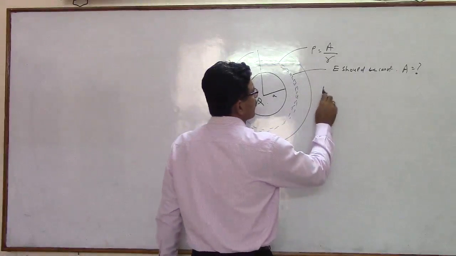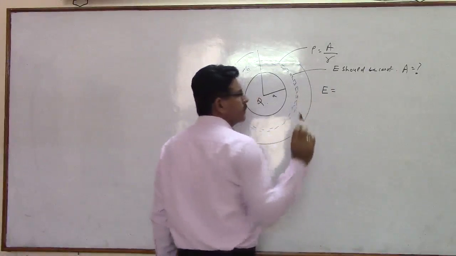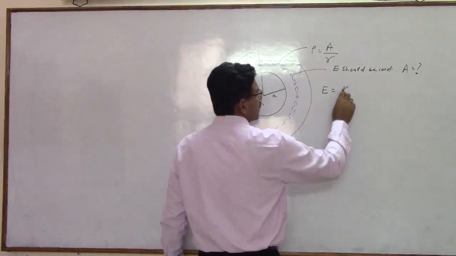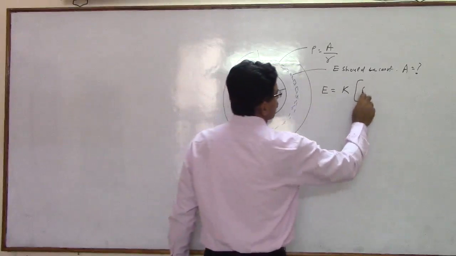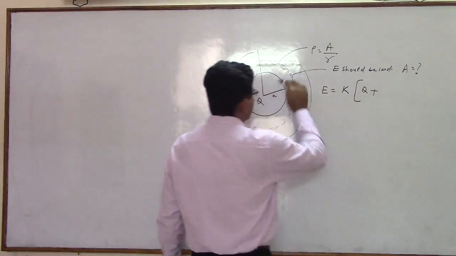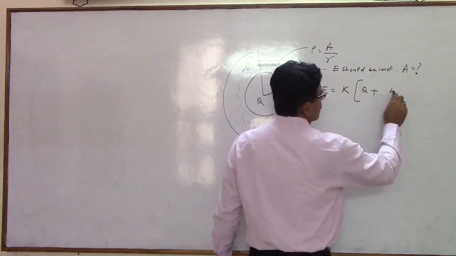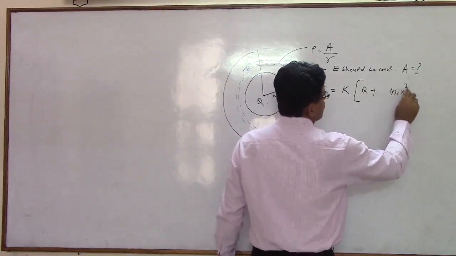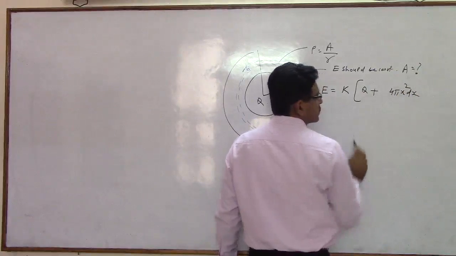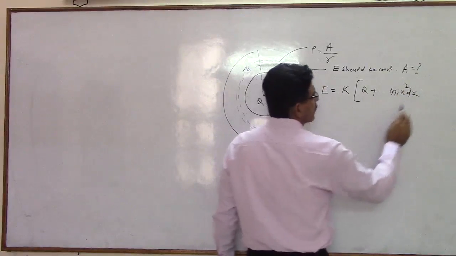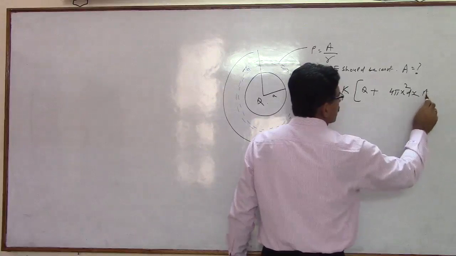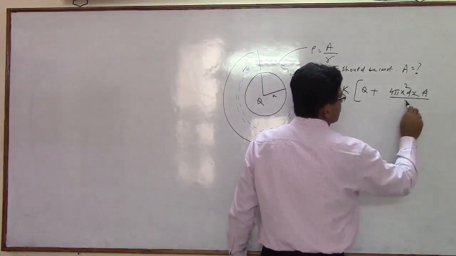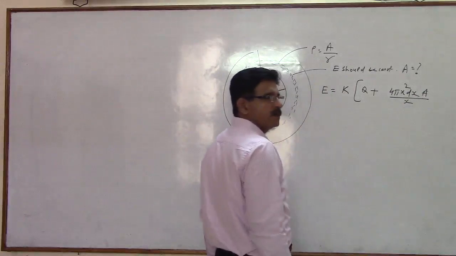So if I write the electric field E in magnitude, then the answer would be K into Q plus the elemental charge here, 4 pi x square dx, multiplied by rho, and rho is equal to A by x, right?